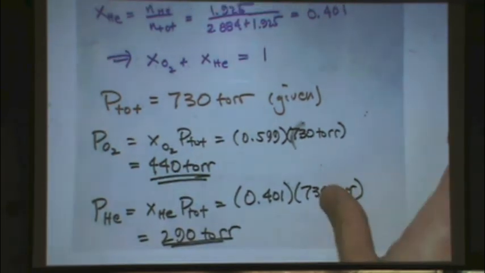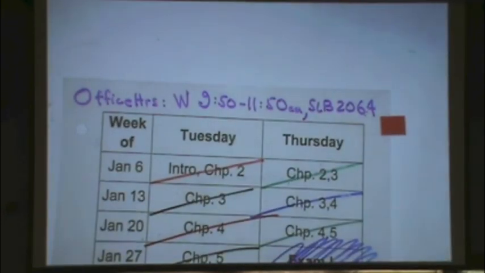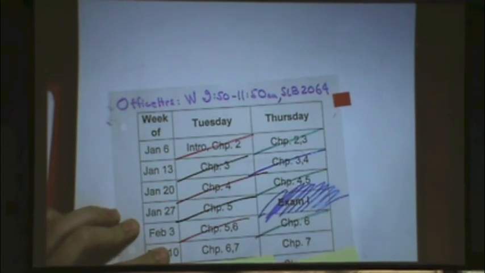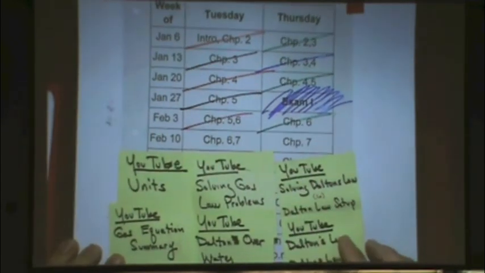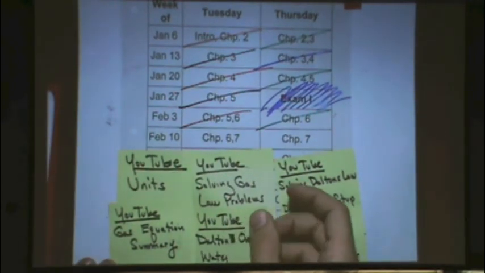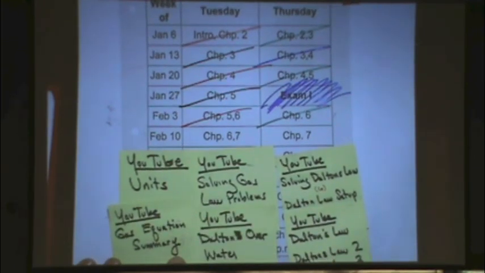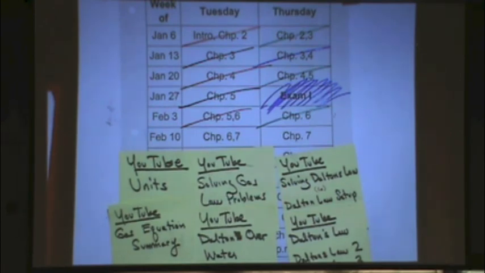Alright. I gotta zoom out on this one. You will see why momentarily. I just wrote a bunch of, if you want some practice problems, there's one on units. There's the gas equation summary, if you want to see a summary of equations. Solving gas law problems, on page 53 of the reader, and in the textbook around page 217.